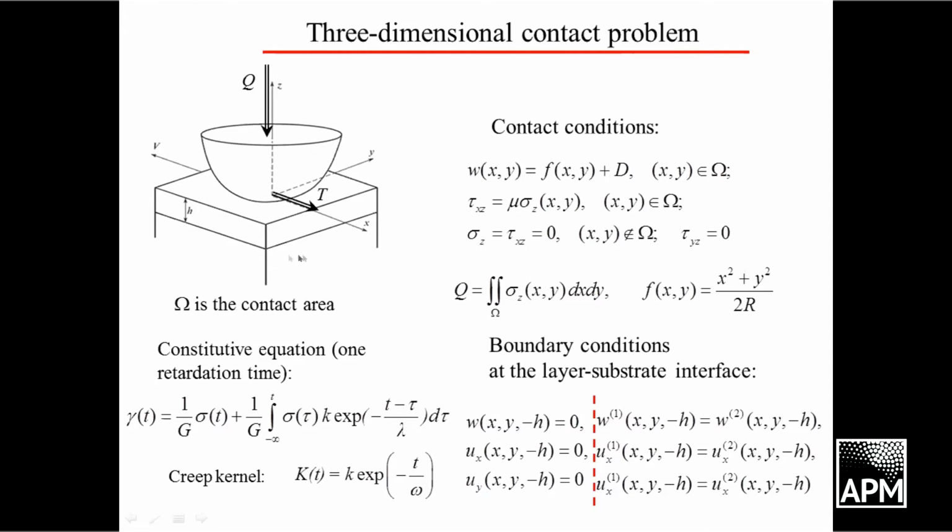And another problem, which is closer to the previous topic, is when we have a rigid layer, but it is a rigid plate which can bend, and a viscoelastic substrate. Then we should consider the following boundary conditions at the interface.